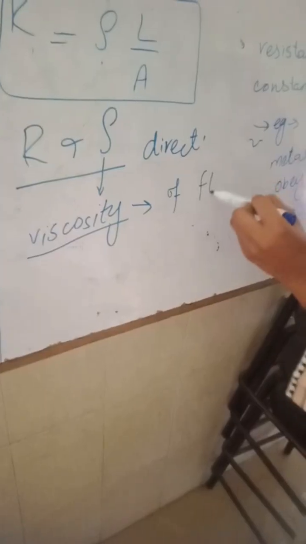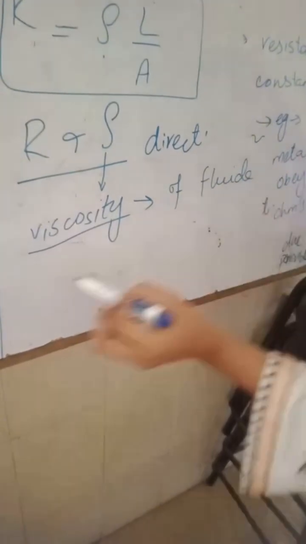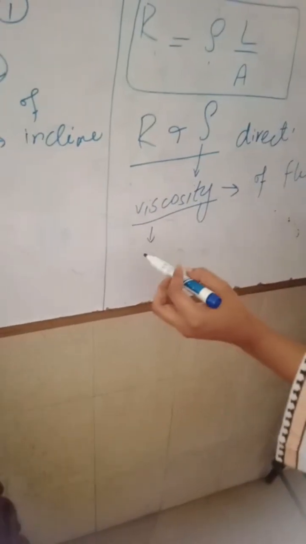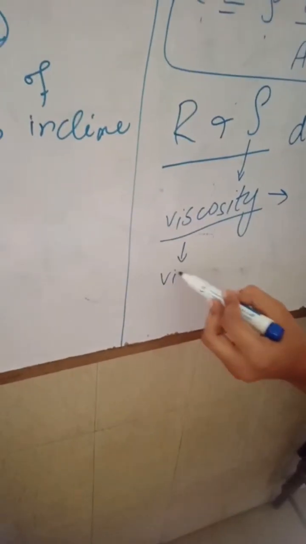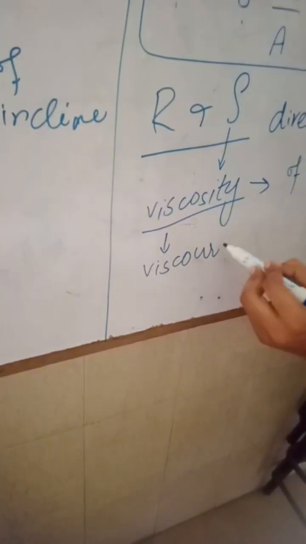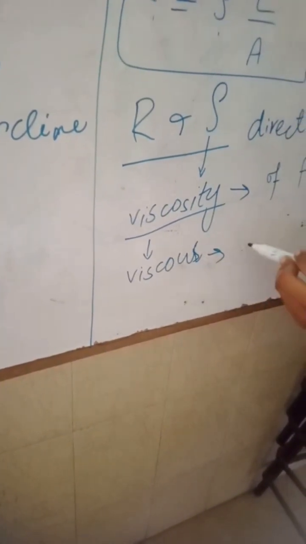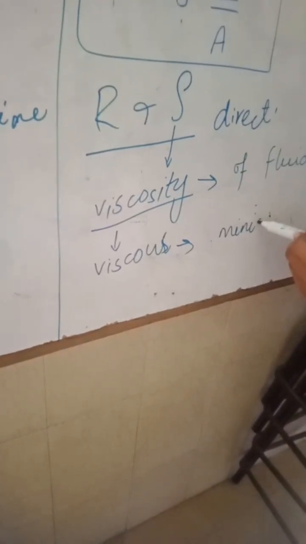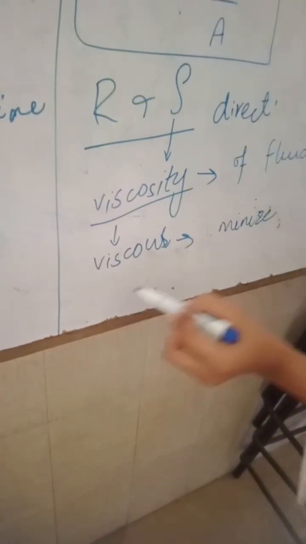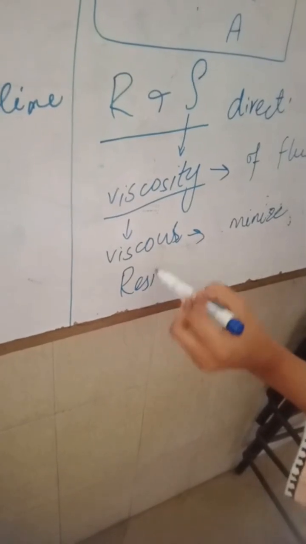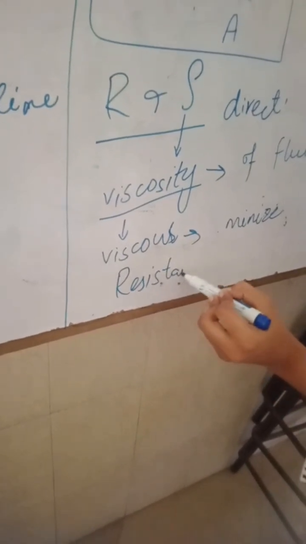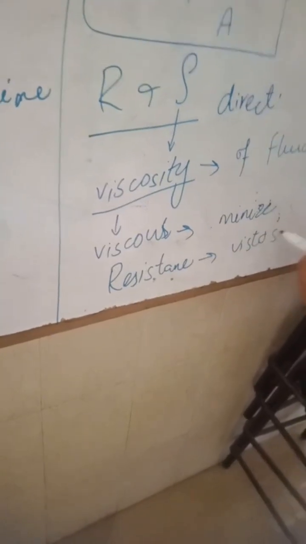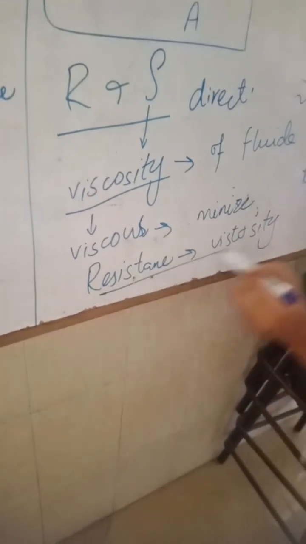If a fluid is viscous, viscous means गाढ़ा, the flow of water or liquid will be minimized because resistance occurs due to strong viscosity. So they are both directly proportional to each other.